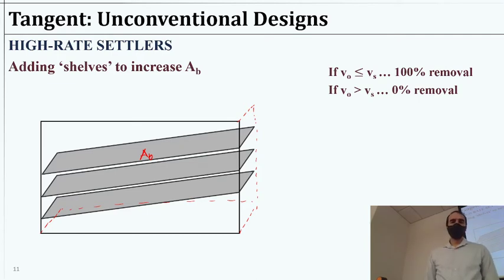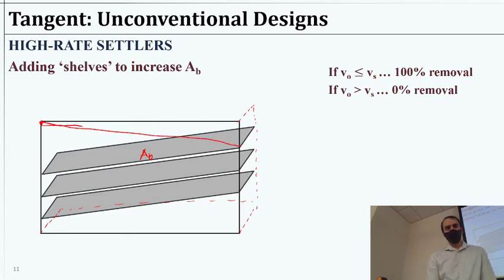In this case, for the particle removal, you're still with the case where if your V naught is less than or equal to V_S, you've got 100% removal. And one thing you'll notice is that V naught has changed to be here.